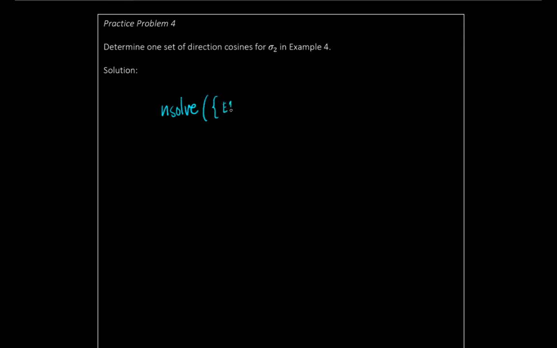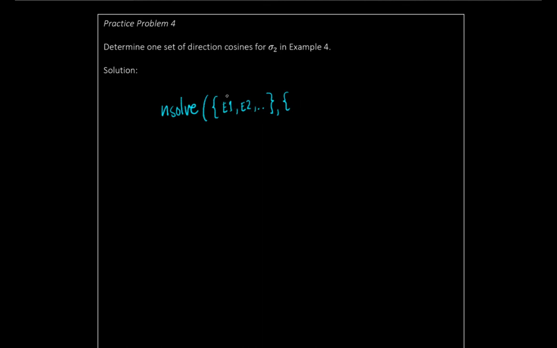So you have equation number 1, then equation number 2, and so on. Then you close it with another curly bracket. Then you place a comma. Then you open another curly bracket, and this is the variables that you wish to find.